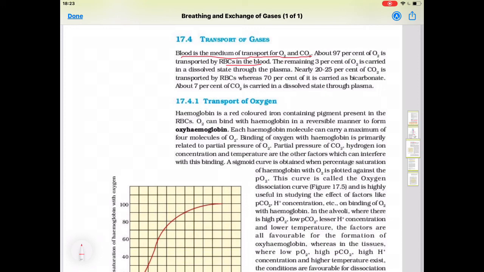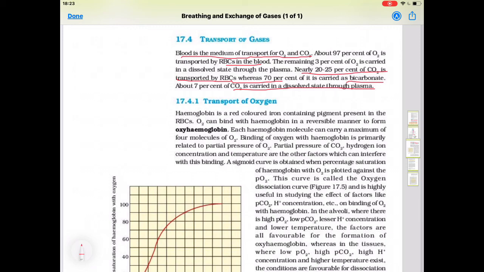Nearly 20 to 25% of carbon dioxide is transported by RBC, whereas 70% of it is carried as bicarbonate, and about 7% of carbon dioxide is carried in a dissolved state through plasma.